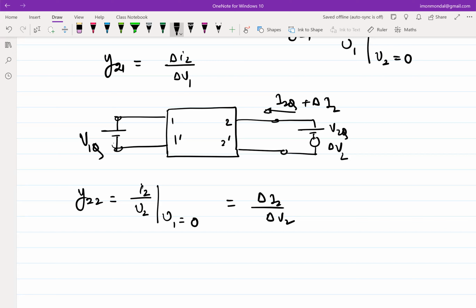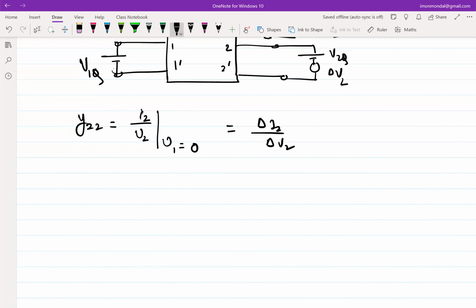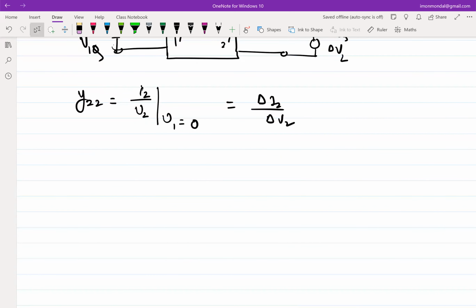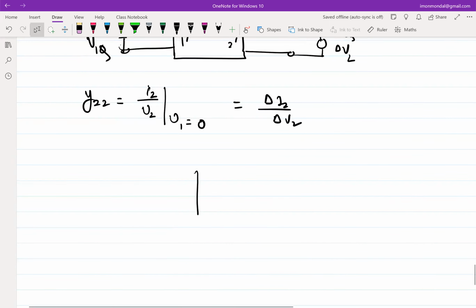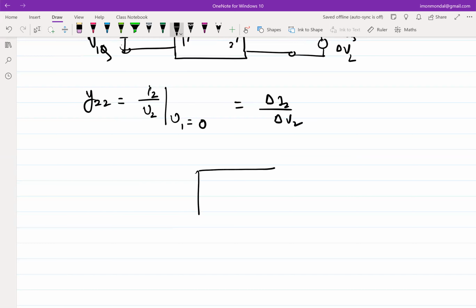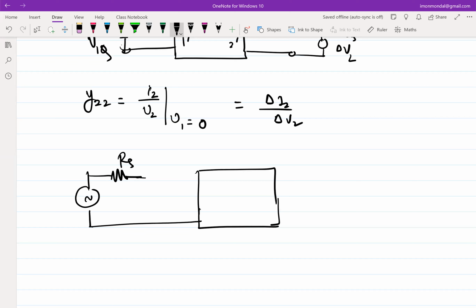Okay. So before we leave today, why are we doing all these things? We are doing all these things because we know that we have an incremental voltage source with some internal resistance, let's say RS, which has been connected.